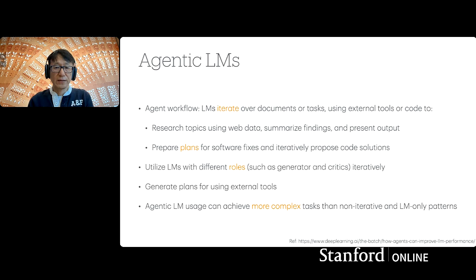For example, if you want to research certain matters, you could prepare your agent to do a web search or a different type of search, keep summarizing, and iteratively, finally prepare the report for you or your system.